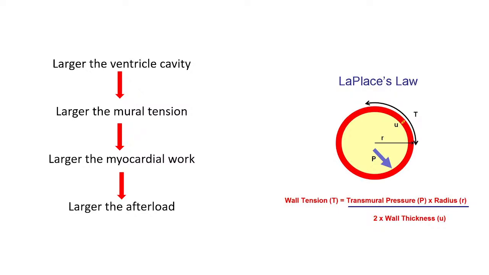So the larger the ventricular cavity, the larger will be the tension over the myocardial wall, and larger would be the afterload. Okay, so the heart will have to pump against a greater resistance as this afterload increases.